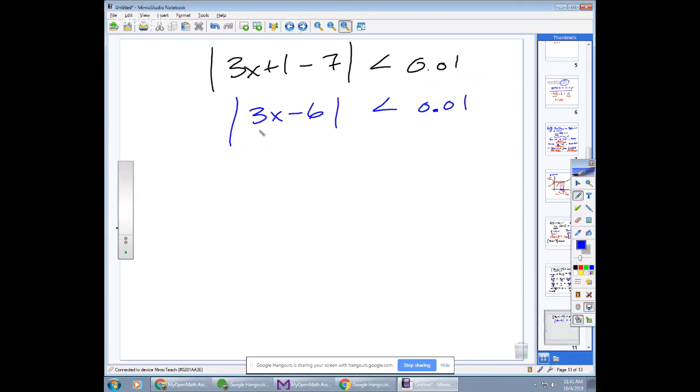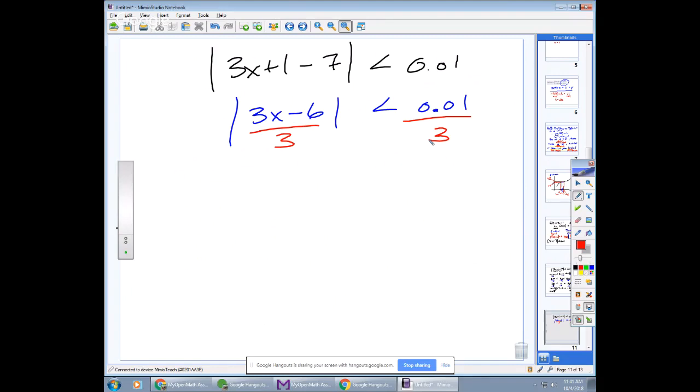So that means I want that 3 to go away, don't I? So I need to get rid of it. So I need to divide everything by 3. So let's do it. Divide by 3 here, divide by 3 there. Is the inequality okay if I divide by 3? It's not going to flip on me, right? If I divide by a negative, then I have to flip it, but I'm okay here.